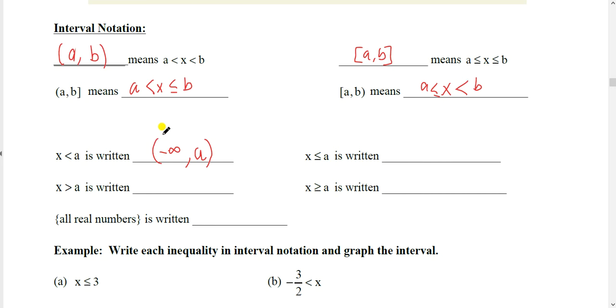We're only using the parentheses for the infinity symbol. And for anything bigger than a, a is the smallest value, and now we have all the values that are bigger than a. That means we go all the way to the right of a up to infinity, which is a very large or huge positive value.